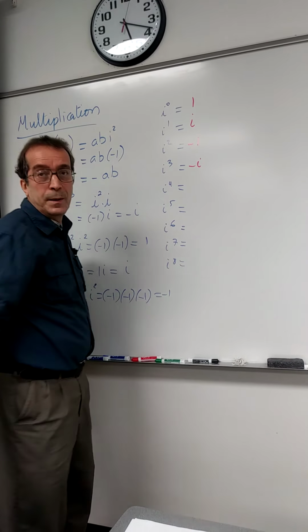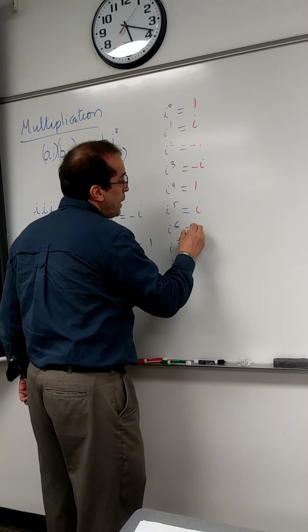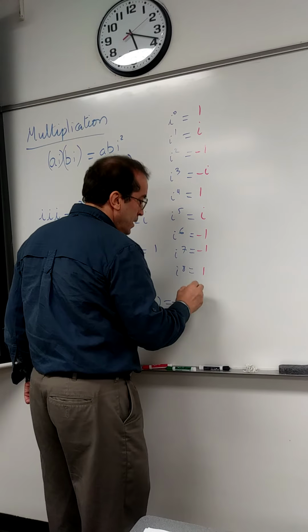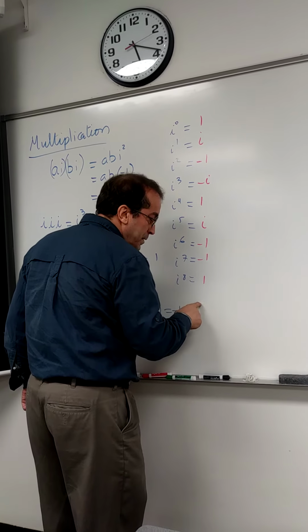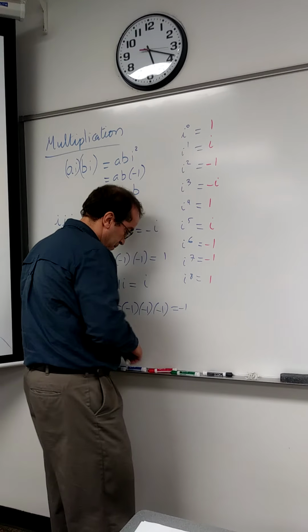And this cycle repeats. i to the fourth is also 1, then i, minus 1, minus i, 1. If we did i to the power 9, it would be i, minus 1, minus i. And that's how you can simplify these.